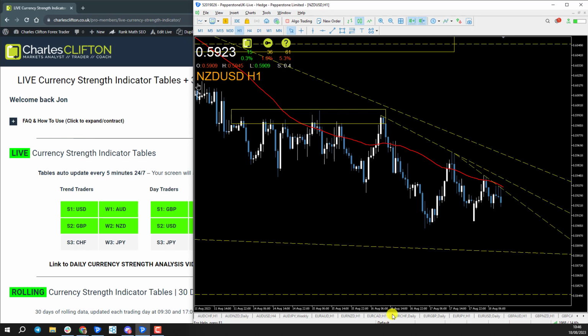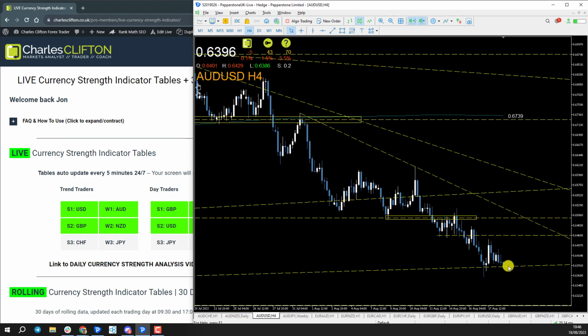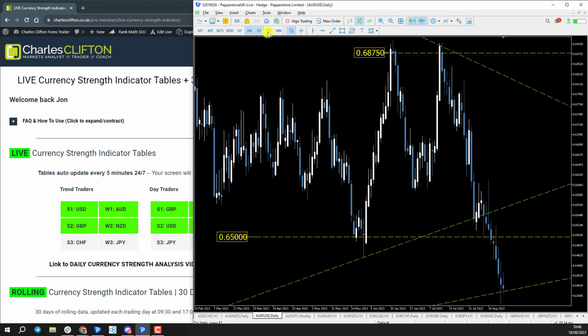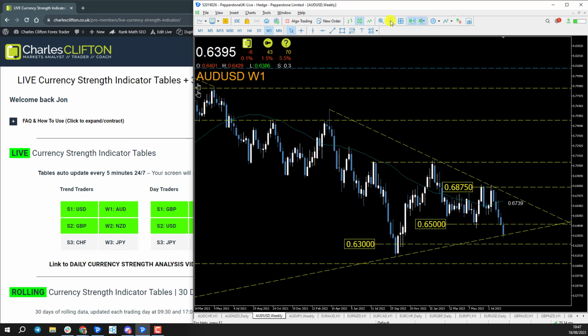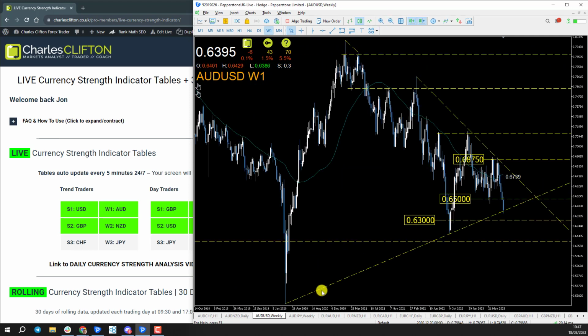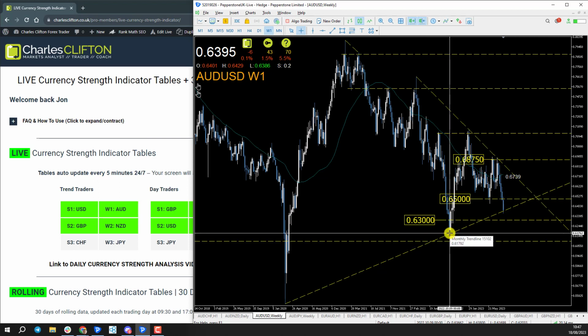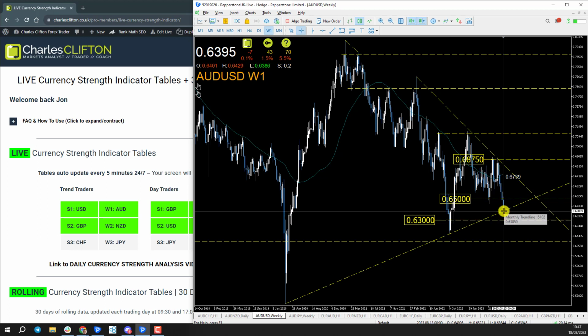The other market I really did like was Aussie US dollar as well, very similar to Kiwi dollar. The only thing with Aussie US dollar is we are at a little bit more of a support point. If we look at this weekly chart here, I've put in a long-term trend line which came from the low all the way back in March of 2020. It then connects with price here in October of 2022, and we're back at that point.